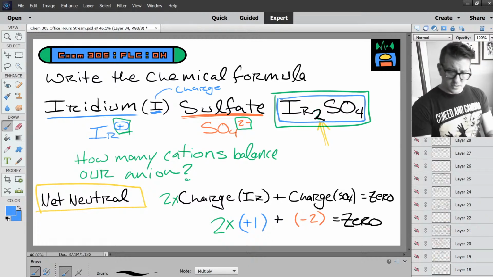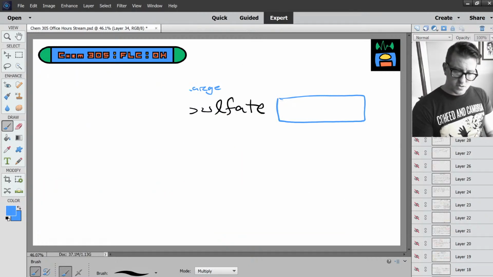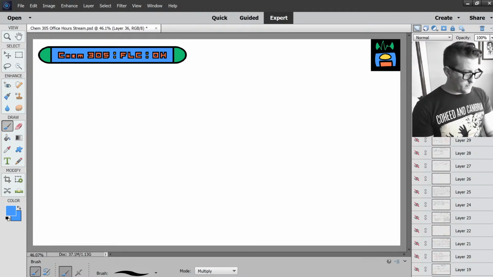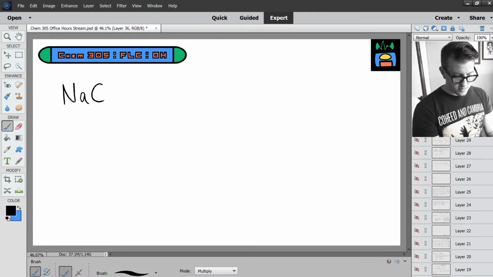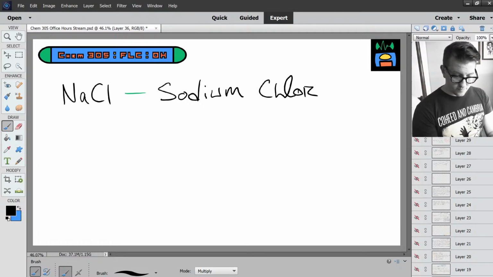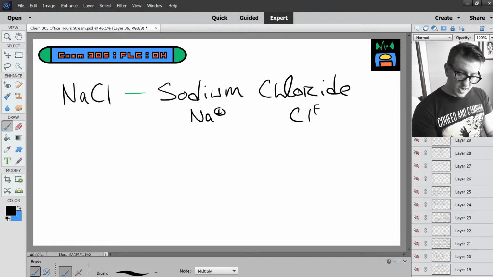Does that make sense? So, for example, if you looked at NaCl, you would say the name of this compound is sodium chloride. And we know that sodium has a charge of +1, chloride has -1.